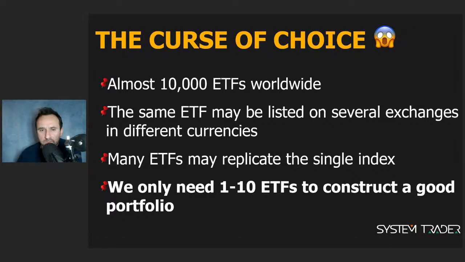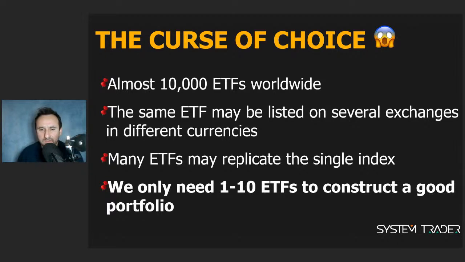But there is a problem, because we can say there is a curse of choice. There are almost 10,000 ETFs worldwide, whereas typically you need 1 to 10 ETFs to construct a good portfolio. How do you choose just a few ETFs when there are thousands of them? I think you will find a solution for that today.